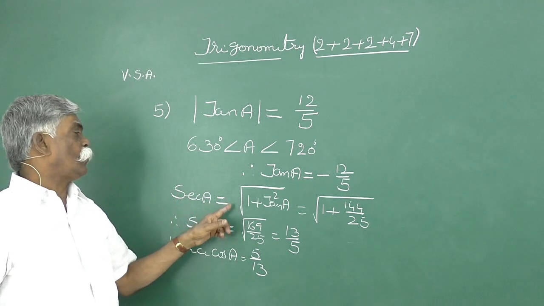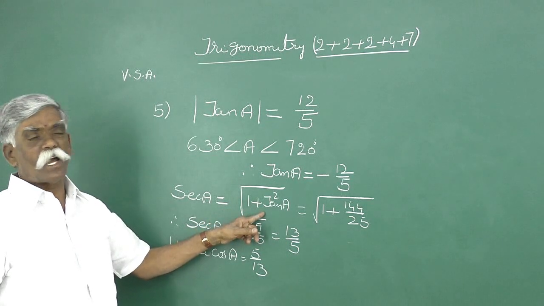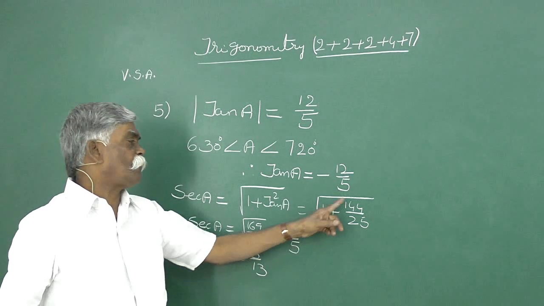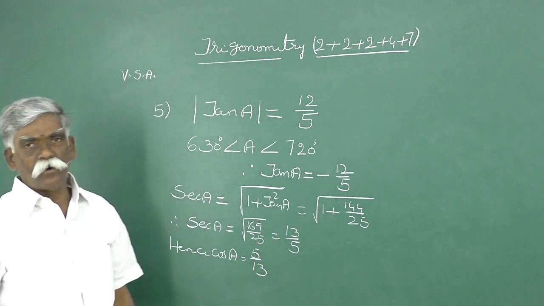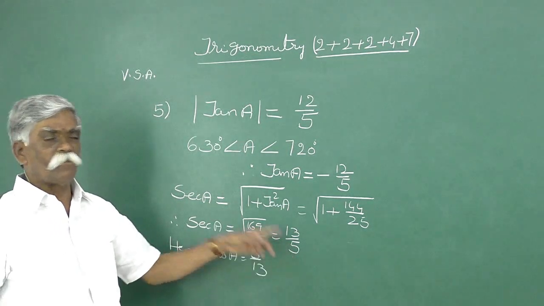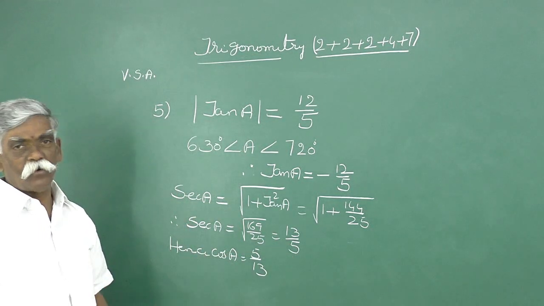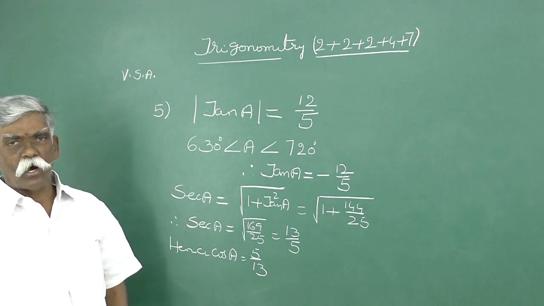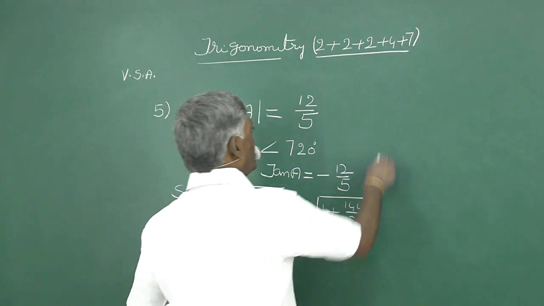Therefore secant A is equal to plus value of root of 1 plus tan square A, and it is square root of 1 plus 144 by 25. On taking LCM, it is root of 169 by 25 equal to 13 by 5. Therefore cos A equal to 5 by 13. Now we have to find sin A by 2, cos A by 2 and tan A by 2.